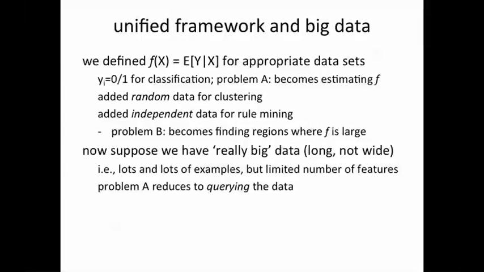And indeed, if you really have enough data that for every possible combination of x, we can compute this expected value with some degree of accuracy, then finding out which class an instance belongs to is simply a matter of querying and figuring out for that particular combination how many positive instances have you seen and how many negative, and deciding based on the expected value.